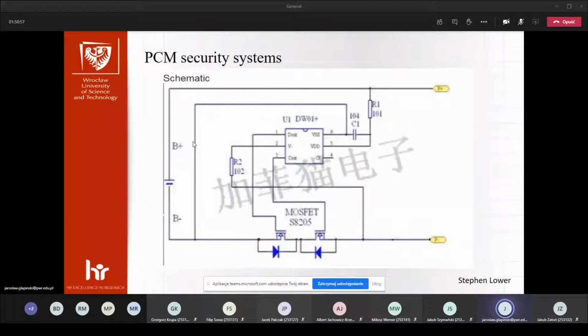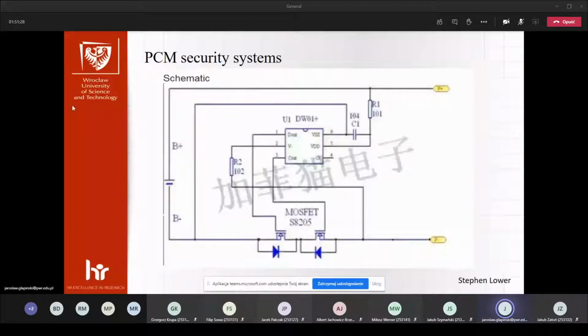So we have to use some elements that prevent discharge below 2.4 volts. And if the battery cell is below this voltage, it prevents charging.